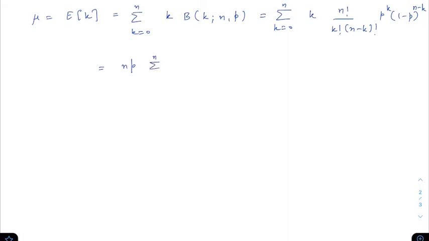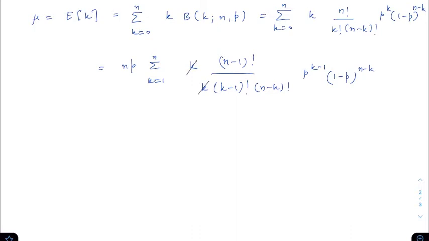So now the summation starts from k equal to 1, and the k factorial in the denominator can be split into k times k minus 1 factorial. So we can cancel this out from the numerator and the denominator, and we define a new n and k.